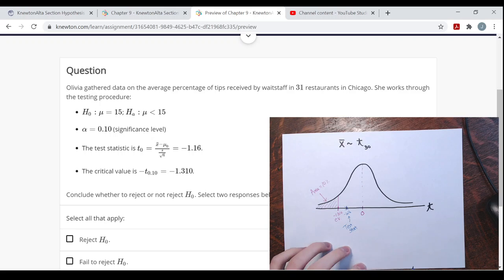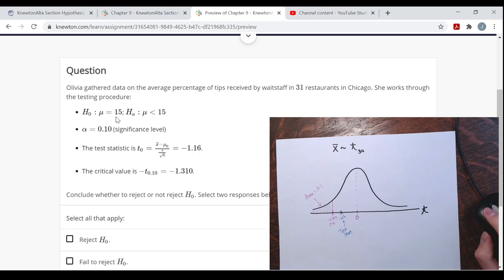So I would not reject the null hypothesis that the mean is equal to 15, that the average percentage of tips received by waitstaff in all of Chicago is 15%. I would not reject that. So I'd keep that, and I'd not support the alternative, that the mean was less than 15, which is probably what's being tested here.